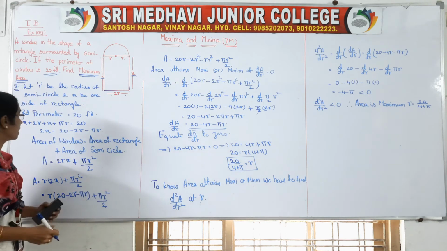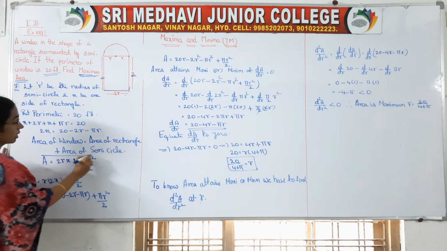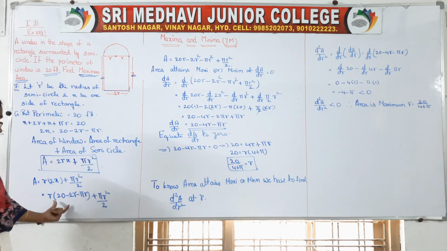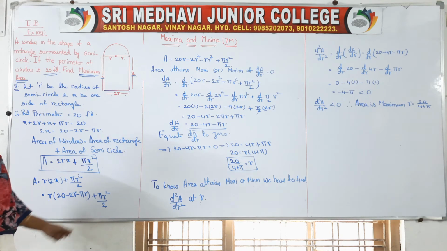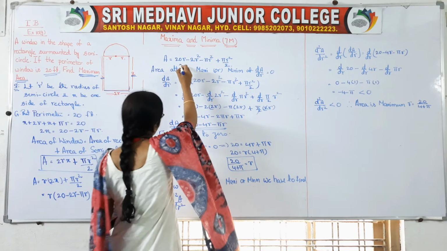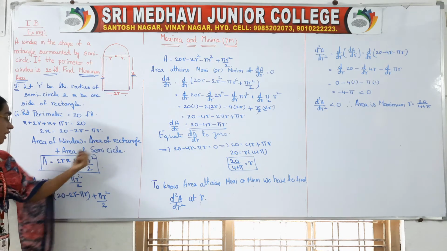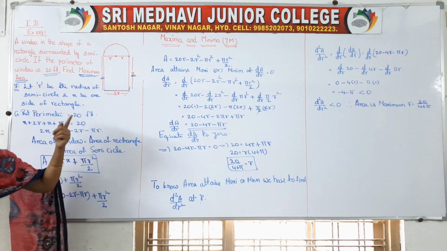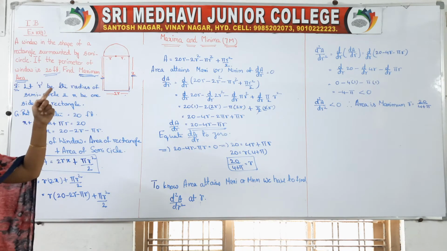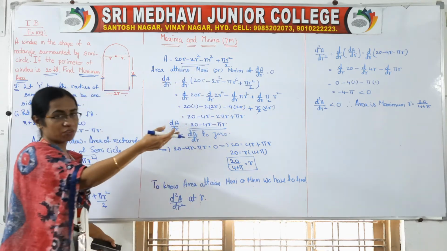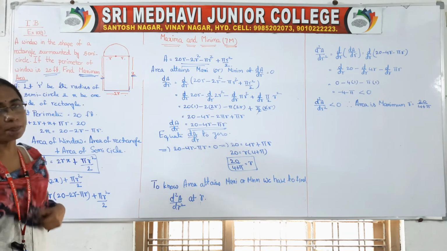That means in the area formula, in place of r we can substitute. Actually this area formula is in terms of area of rectangle and area of semicircle, but we got only the r value. So we can take this formula which is in terms of only r, so that we can substitute and we will get our maximum area.